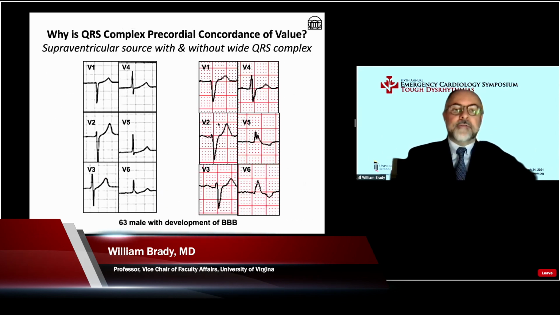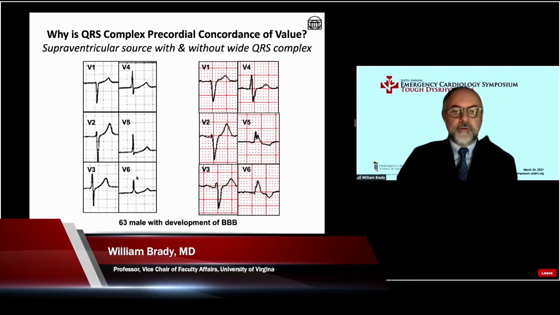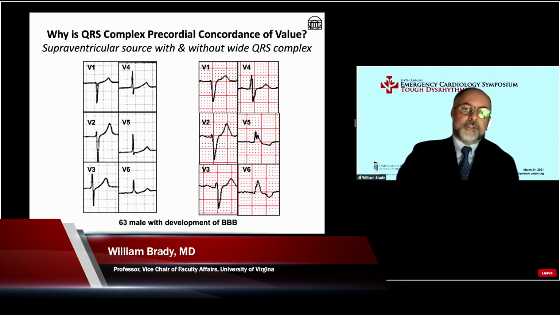And here's a patient in over time. This is when he's in sinus rhythm with normal conduction in the ventricle, again, with a normal R wave progression going from small to very large R wave, negative to positive QRS complex as we go across the precordial leads.